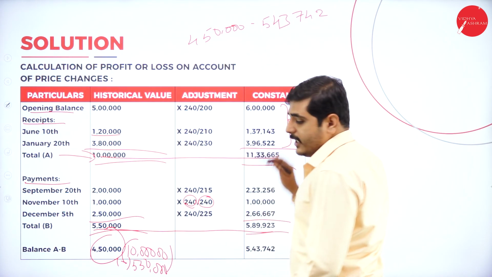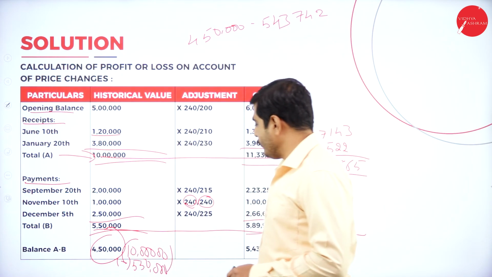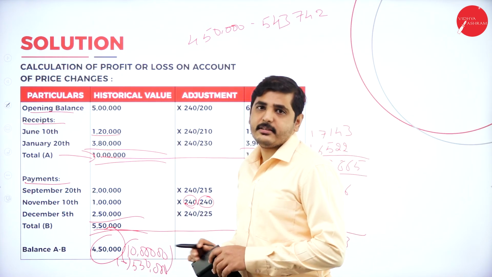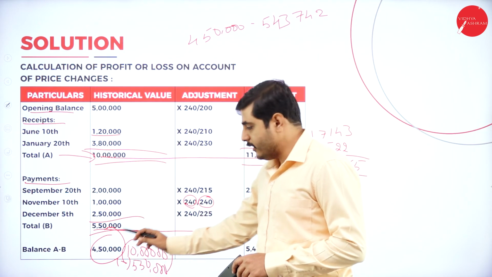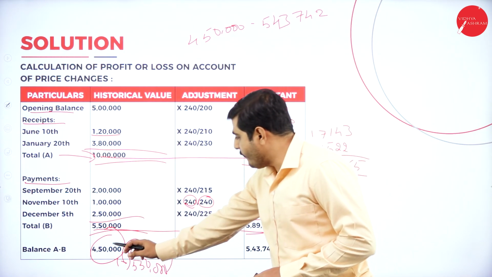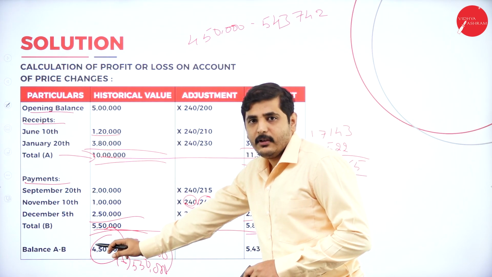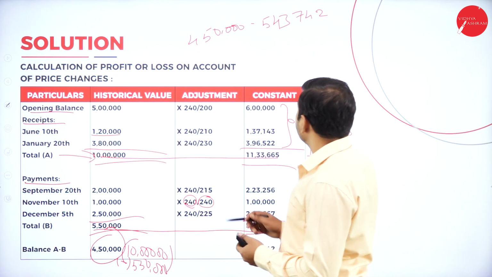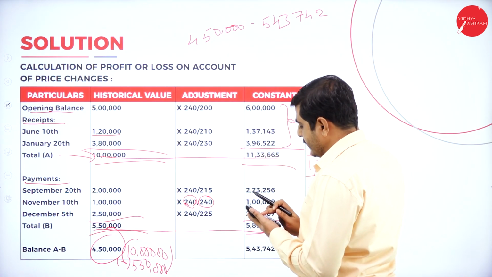So how much has increased? On that day's money, 4,50,000. If you purchase a particular product, the value of money if you have 4,50,000 is equal to 5,43,742. So how much has been reduced?